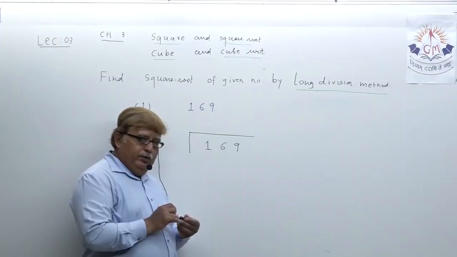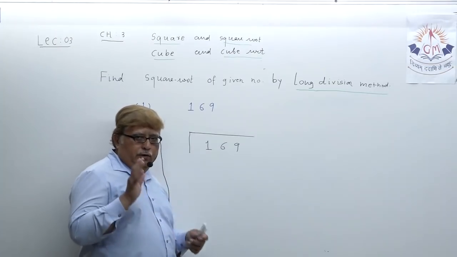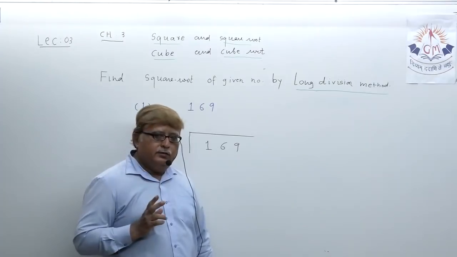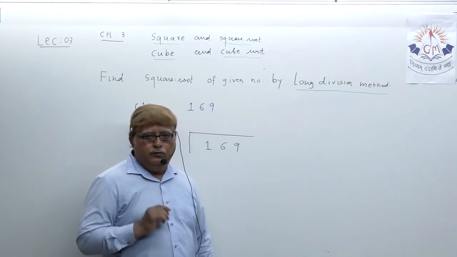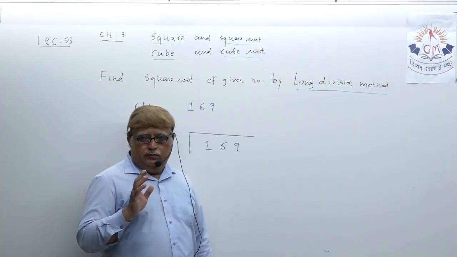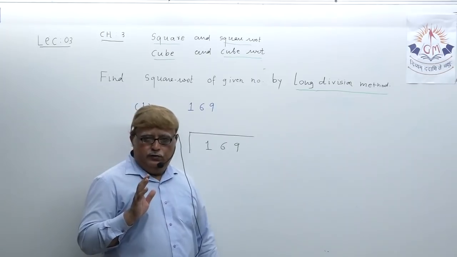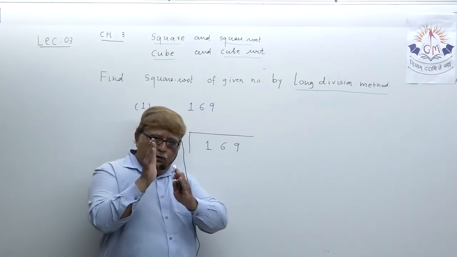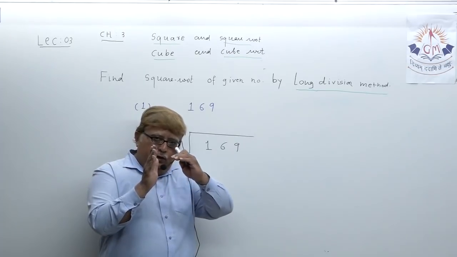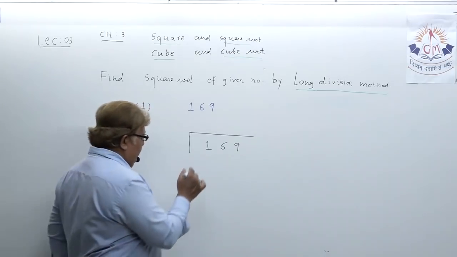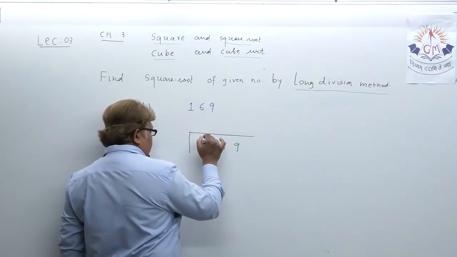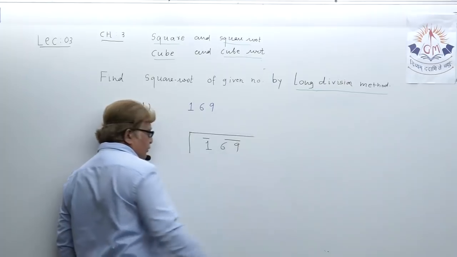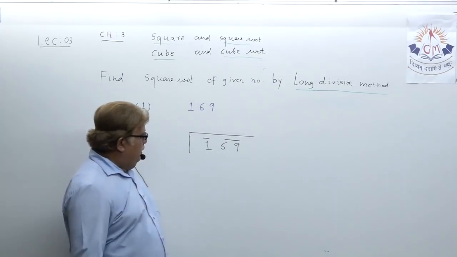So, because the number is made up of 3 digits, you will split it into 1 digit and 2 digit this way. 1 digit and 2 digit. Try to understand, my dear student.